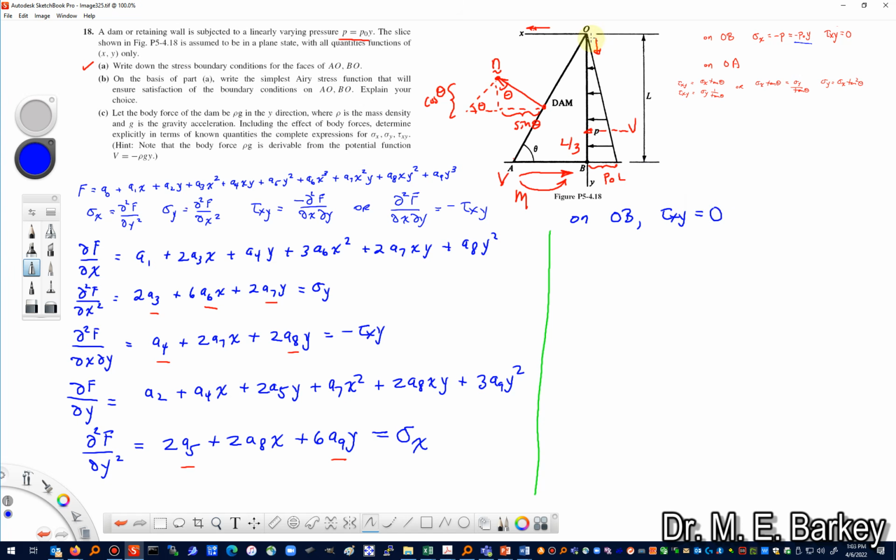Now, remember, OB is the line of x is equal to 0. So let's write down what we have for tau xy. And now I'm going to put all these minus signs through on the other side. It's equal to minus a4 plus 2a7x minus 2a8y.